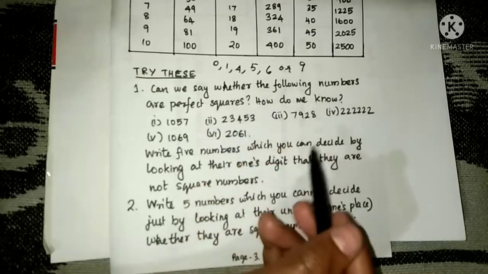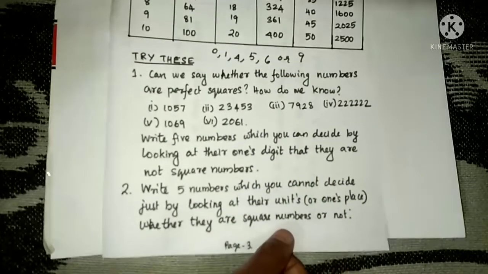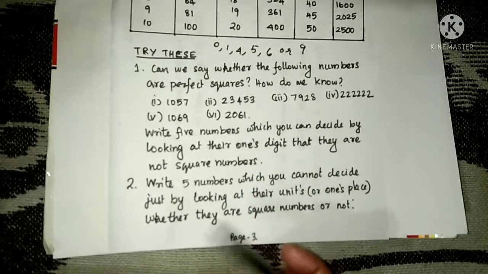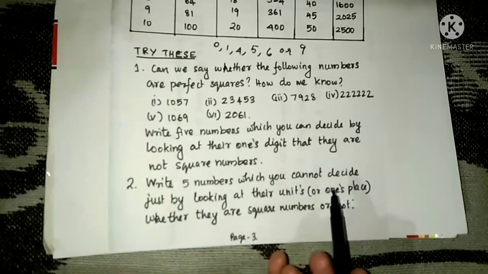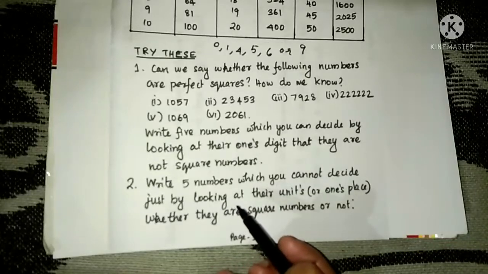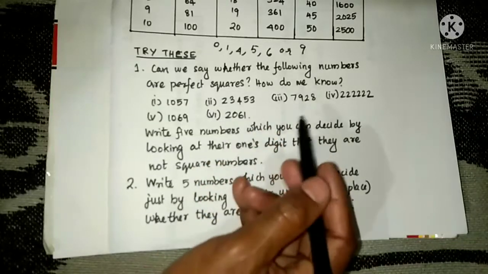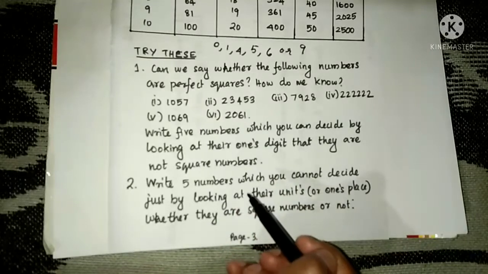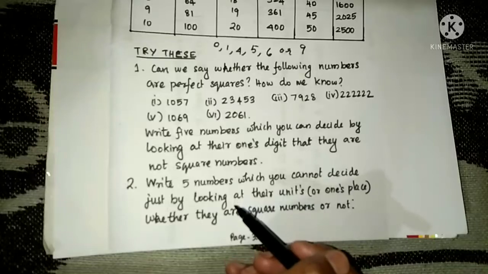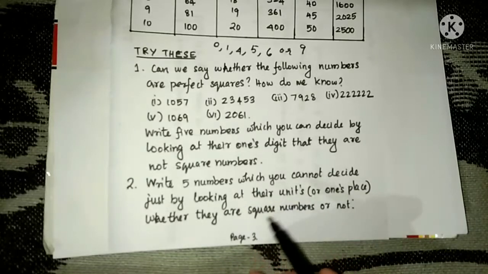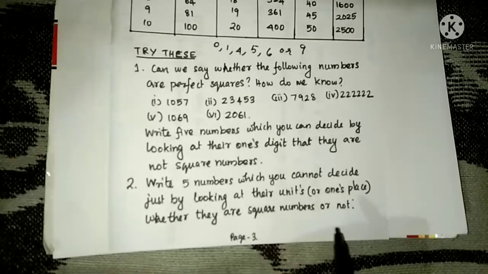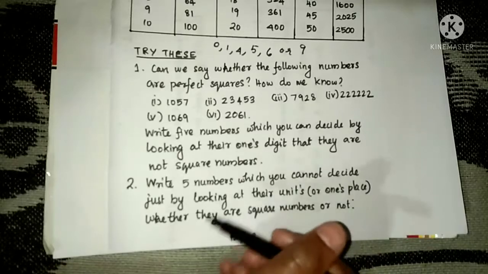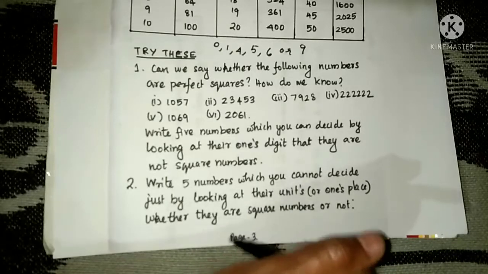The next question: write 5 numbers which you cannot decide just by looking at the units place whether they are square numbers or not. If you have any confusion, those numbers you can select for the second question.